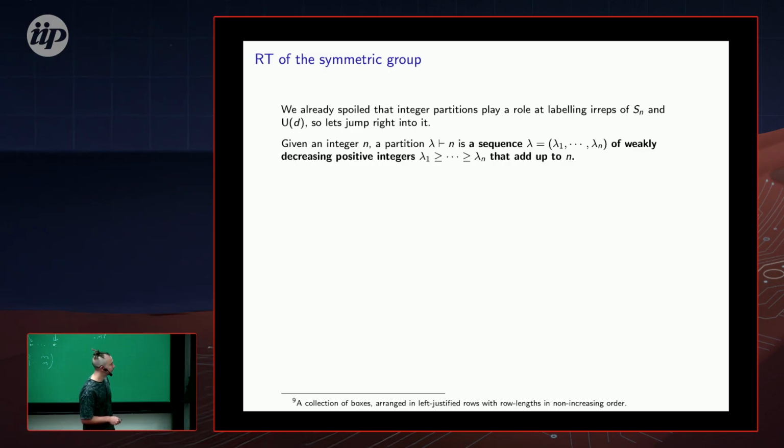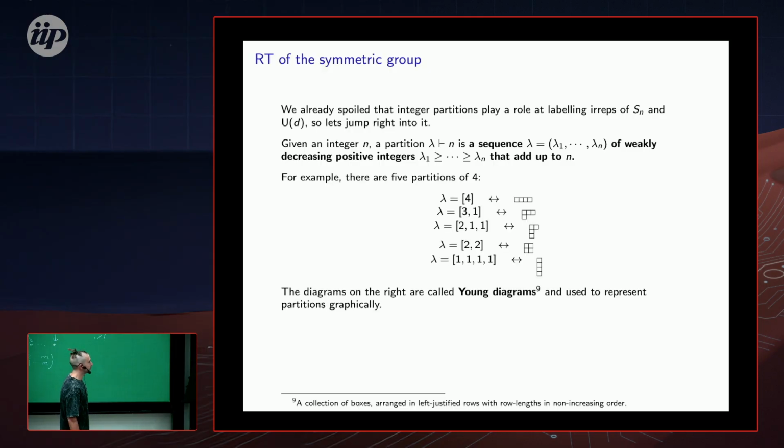For an integer n, a partition of n, written with this little symbol, is a sequence of weakly decreasing positive integers that add up to n. These are examples of partitions of 4. There are 5 of them, and it's just a way of writing 4, again, as a sequence of weakly decreasing positive integers.